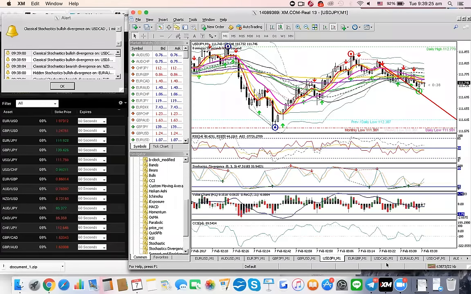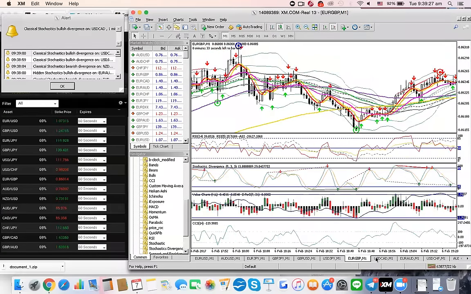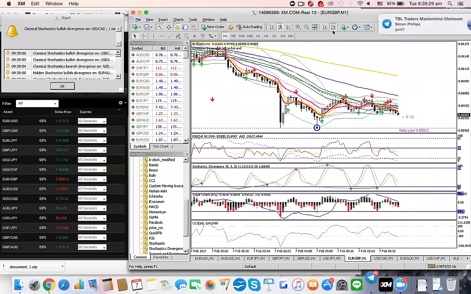Wait for the moment. There's nothing really good right now. Everything is not extended enough. Euro pound is close to something.